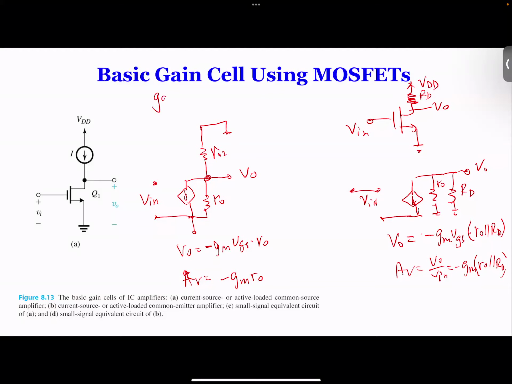So your gain will be minus gm times RO1 in parallel with RO2. This is almost exactly the same as the previous one, except that RD is replaced by RO2. But that RO2 is the internal resistance of the MOSFET, which is part of the silicon. Therefore, it's not a man-made resistance, so it's easier. So these two have identical expressions.